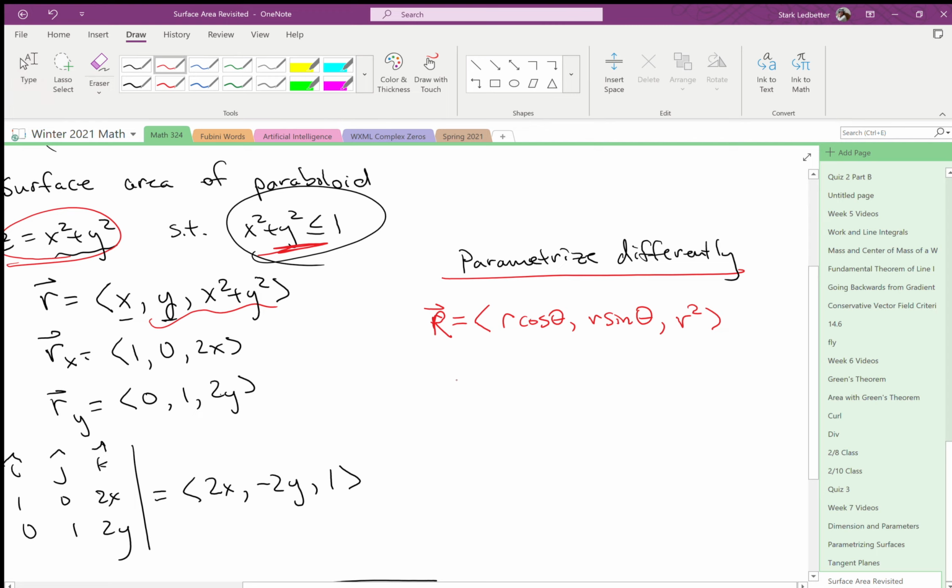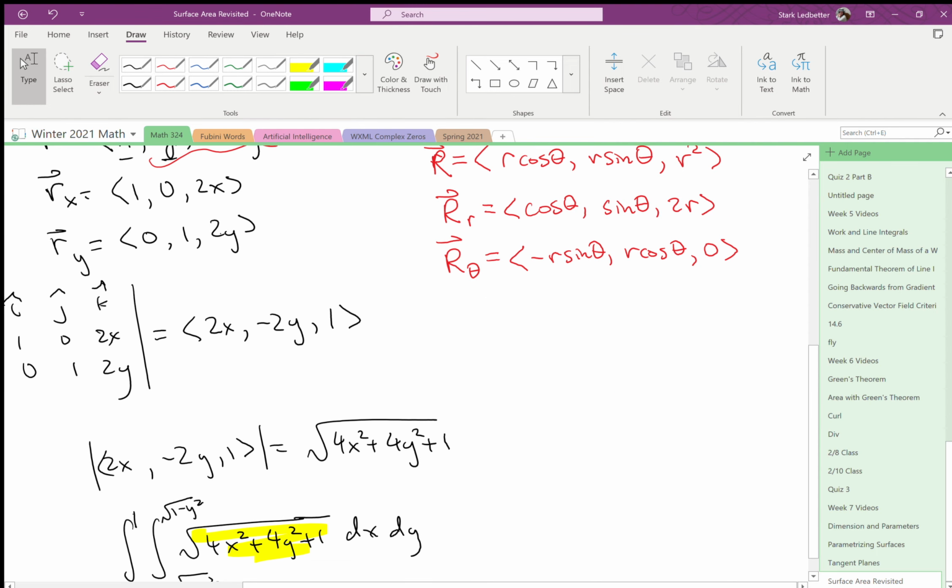Okay, so let's see what happens here. We have the partial derivative with respect to r is cosine theta, comma, sine theta, comma, 2r. The partial derivative with respect to theta is negative r sine theta, comma, r cosine theta, comma, 0.